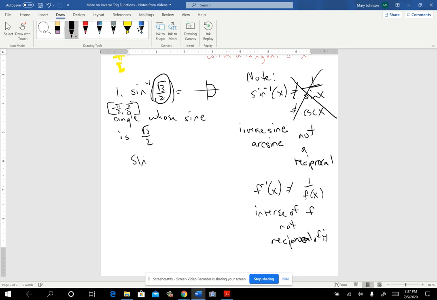So sine inverse of square root of 3 over 2 equals pi over 3. But this should be your thought process. You should go to that portion of the unit circle to find the angle that had the square root of 3 over 2 in the y spot, and you should be looking only in the first and the fourth quadrants.